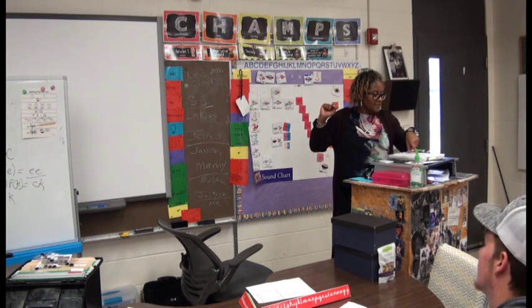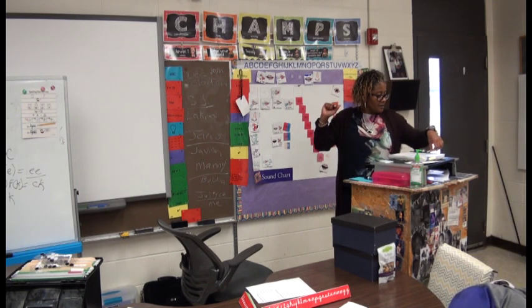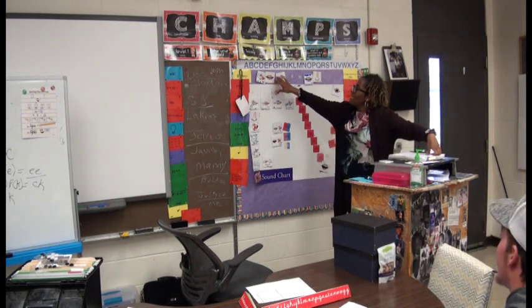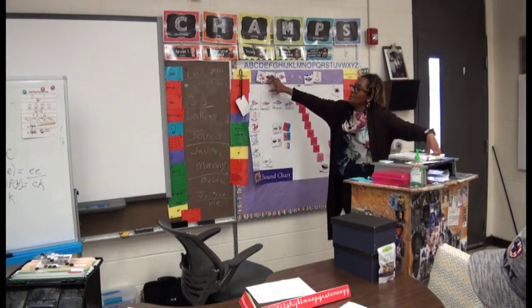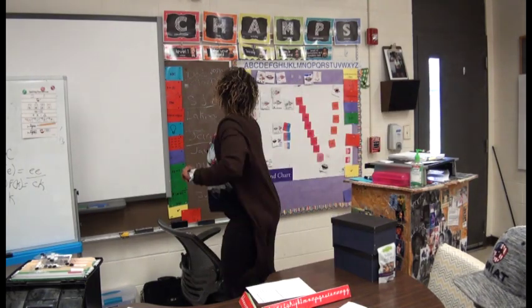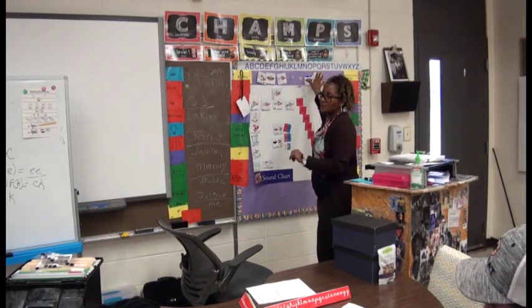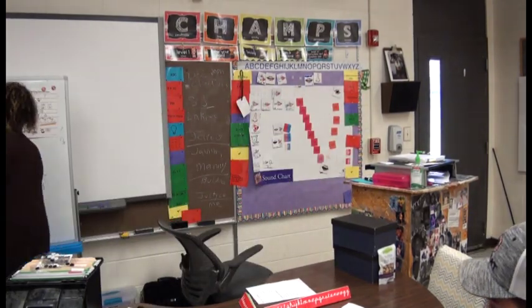Now, let's look at the base word. The base word is deep. And so since we got a D, and then our suffix is N. Now let's look at this word.